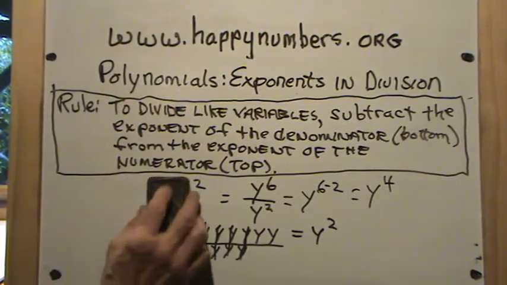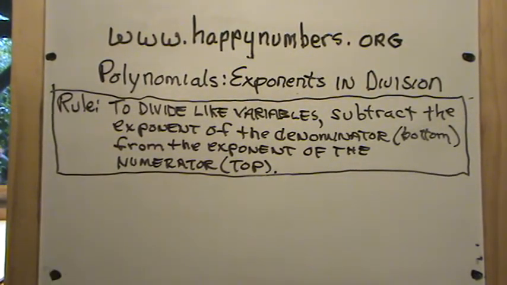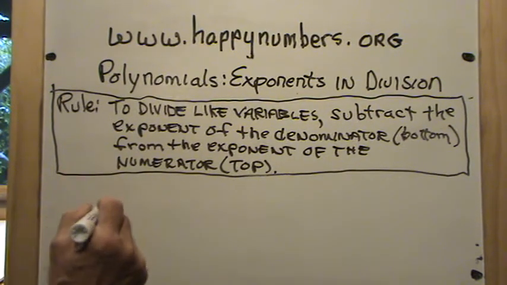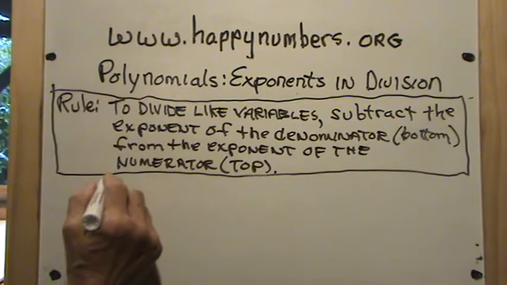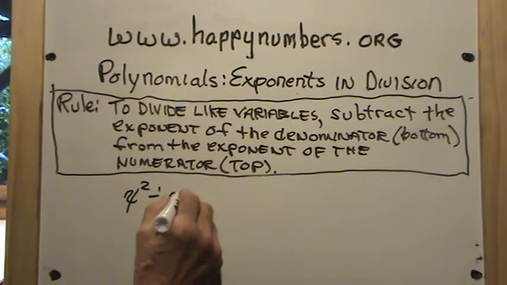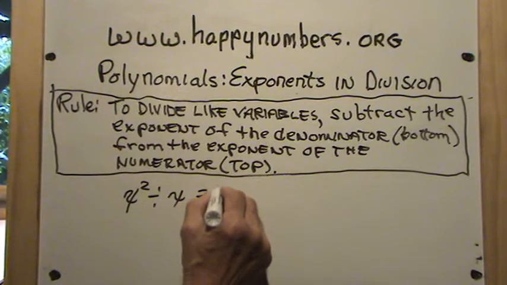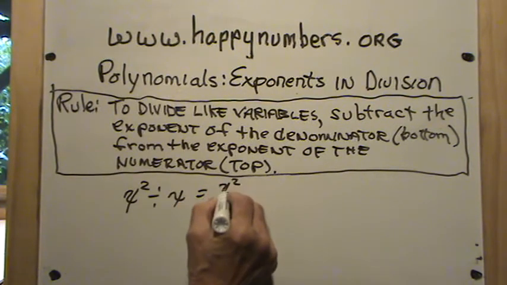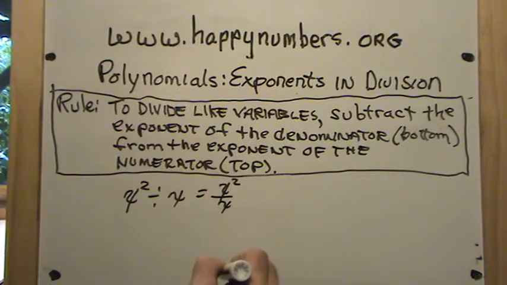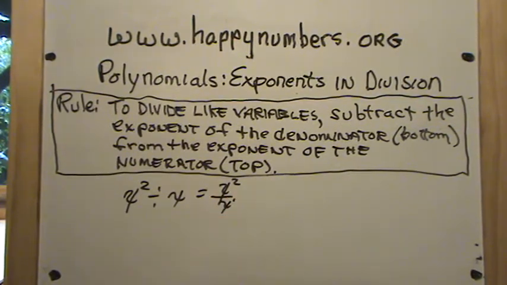Let me show you another problem like that. Let's take one that looks like this: x squared divided by x. Well, we can rewrite it: x squared divided by x, and this is really x to the first, right? We don't write that.